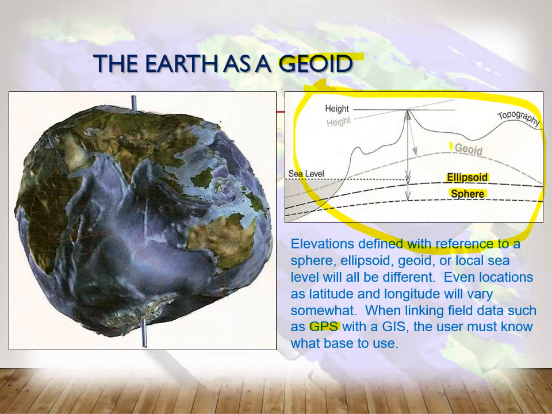A geoid, again, attempts to include topography in there, and then you have your actual topography. So you realize right now that a sphere, an ellipsoid, and a geoid are all representations of the Earth, but they're not very good. I mean, they can be good for certain uses, but when it comes to coordinate systems, we need something else, and that something else is a datum.